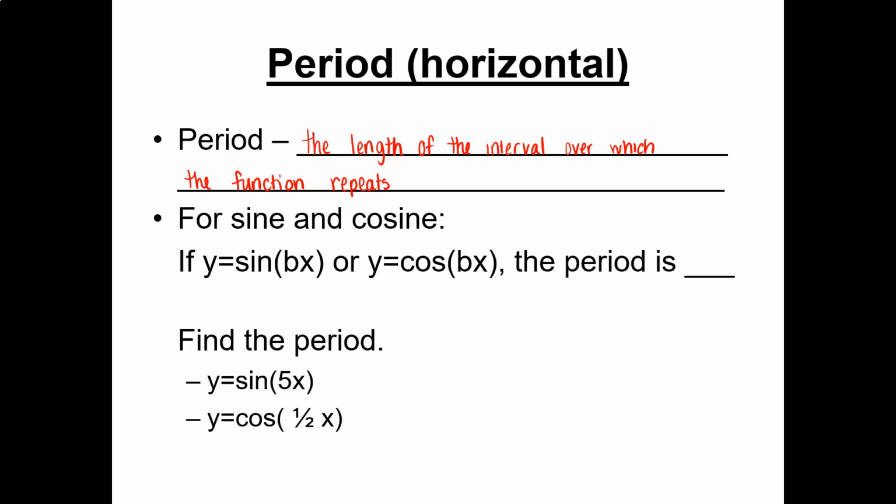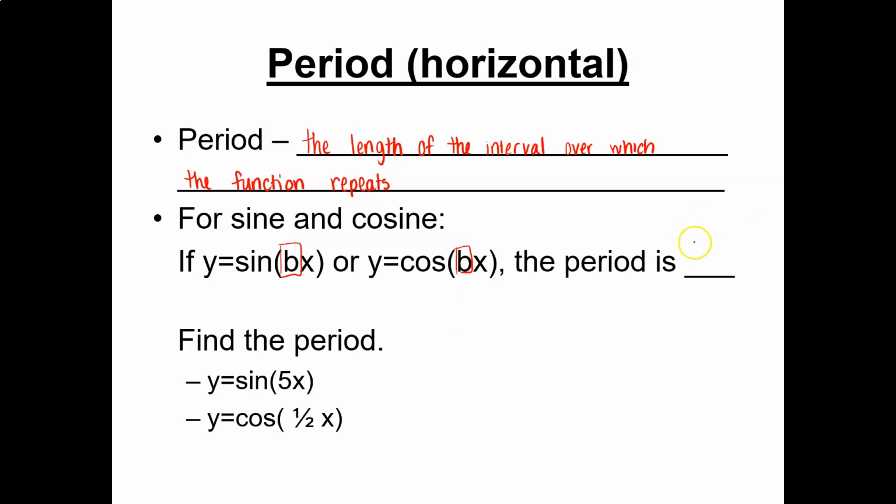If you squish it in, it's going to make the curves really tight together, and it's going to make the period smaller. So much like with our factors for our expansions and compressions, because this is inside of the parentheses, it's going to be backwards from what we usually deal with.